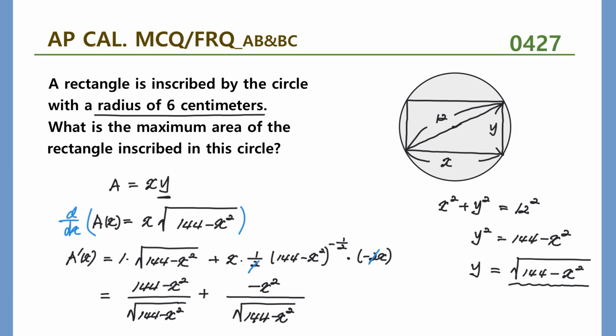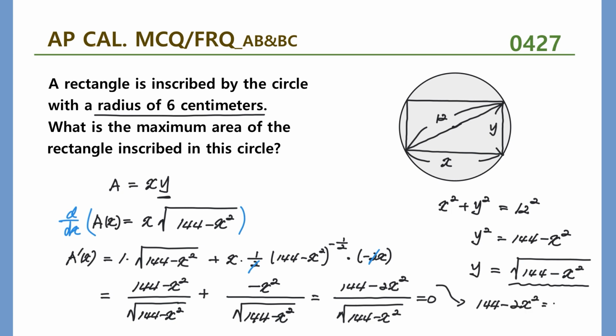So that is equal to, in the denominator, the square root of 144 minus x squared, and in the numerator, 144 minus x squared minus x squared, that is 144 minus 2x squared. Let's find the critical point. Set that equal to 0. A prime is equal to 0 when the numerator is equal to 0, so 144 minus 2x squared.